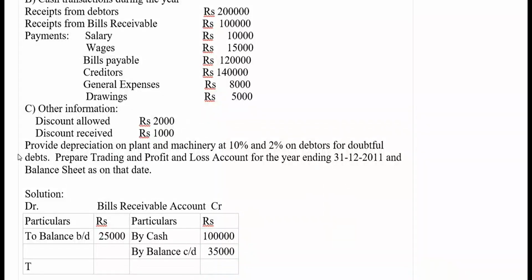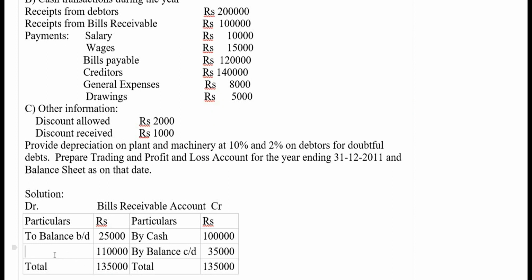So the total: the credit side is more, so total rupees 1,35,000. Let me write the same thing here, 1,35,000. The difference here is 1,10,000.